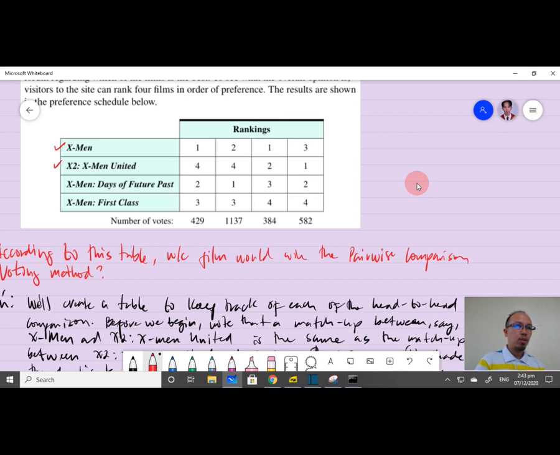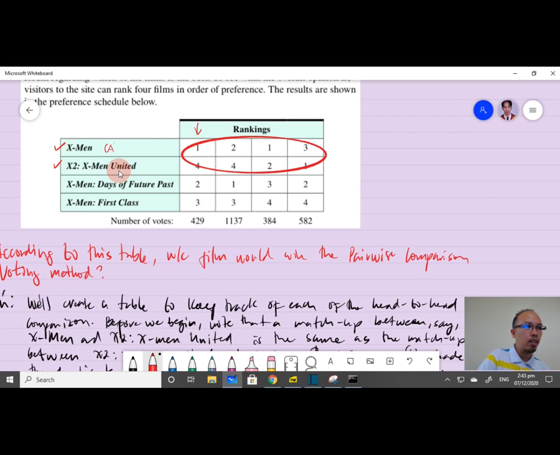When you say X-Men was favored over X2 X-Men United, this means that with this circled here, when you say X-Men is favored, look at the row at the column for X-Men and X2 X-Men United. So from here, X-Men was favored.